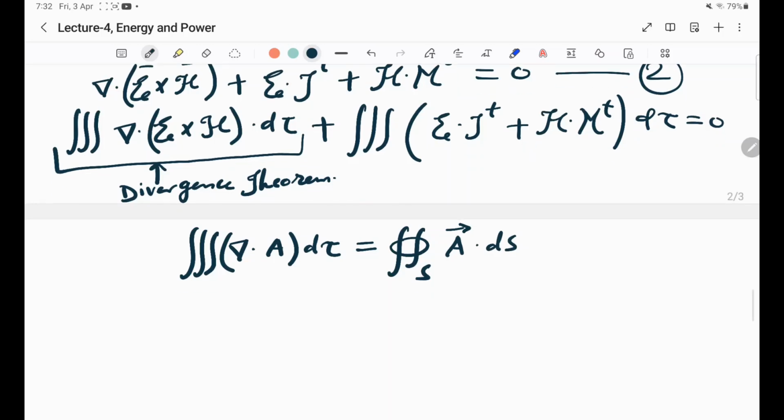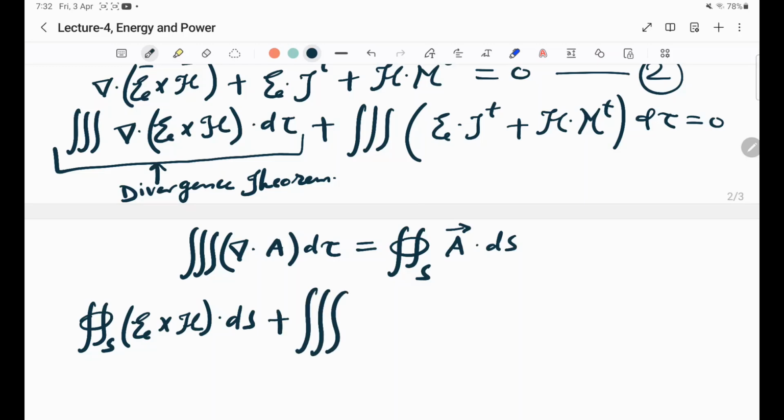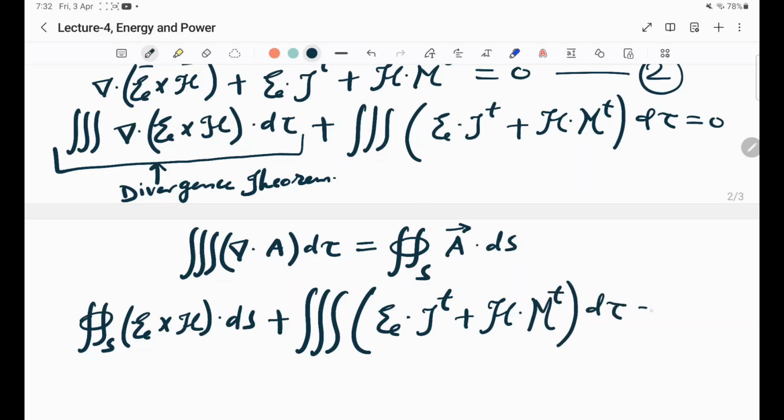So when we apply this theorem onto this first term, we will get closed surface integration of E cross H dot ds plus triple volume integration of E dot J total plus H dot M total d tau is equal to 0.